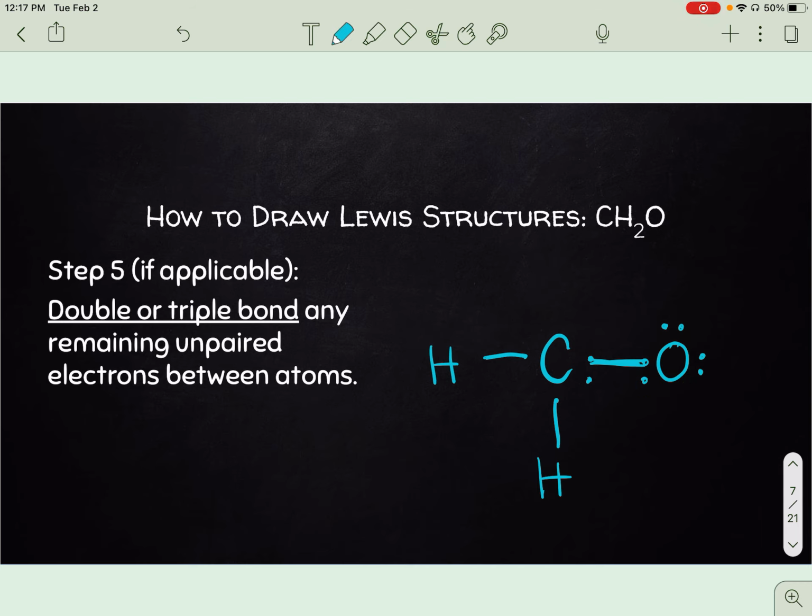Then those two can partner up, and now I have a double bond. So again, you may or may not have double bonds in your structures. But if you follow steps 1 through 4 and you still have unpaired electrons, that means you probably need to do a double or a triple bond. So that is Lewis structures.